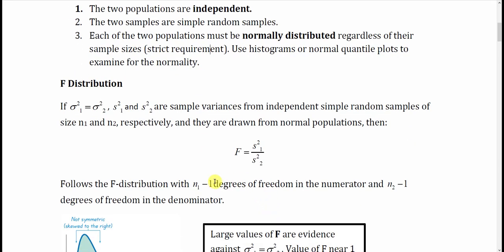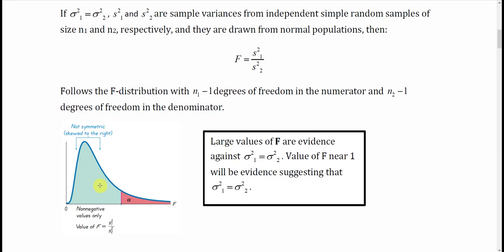The degree of freedom on the top is for sample 1, so N1 minus 1, and the degree of freedom for the bottom is N2 minus 1. Please note that the F distribution only takes values of 0 or greater, so nothing for negative.